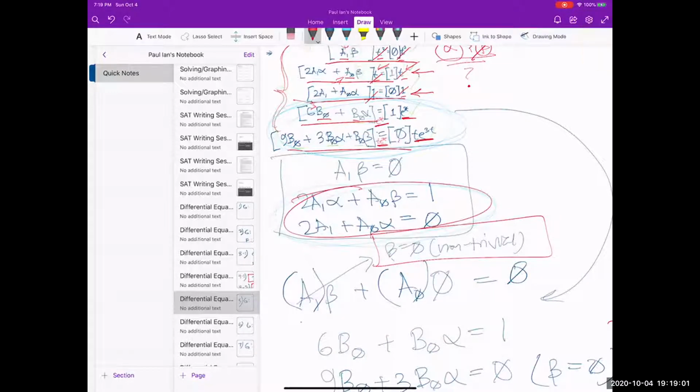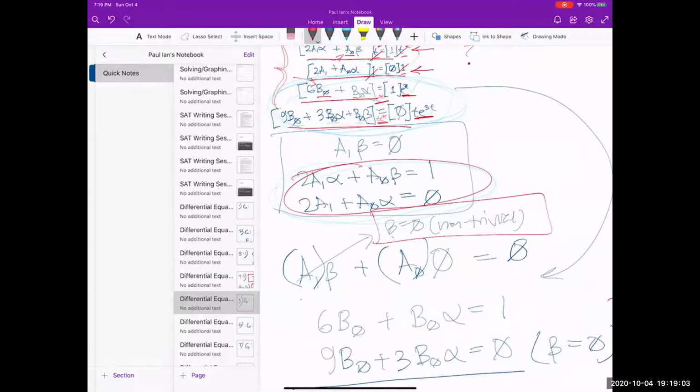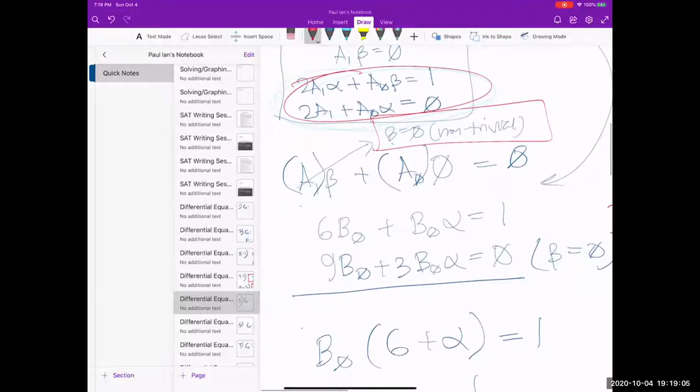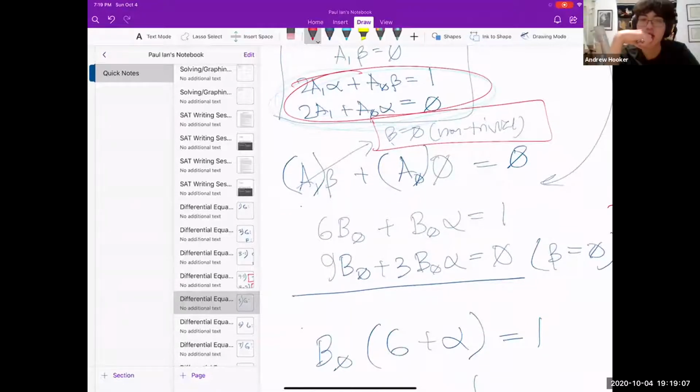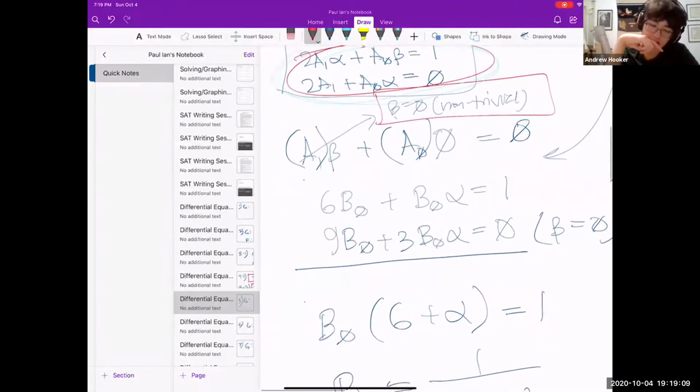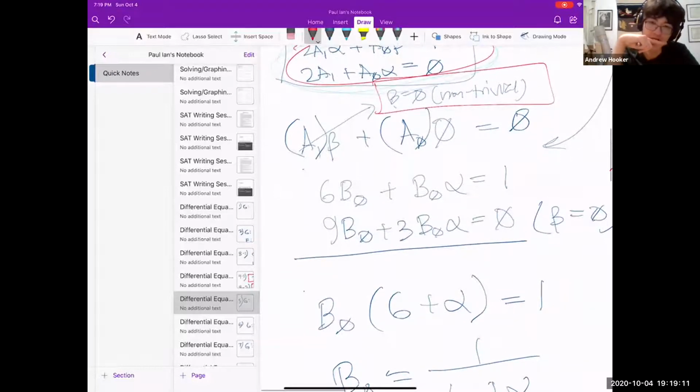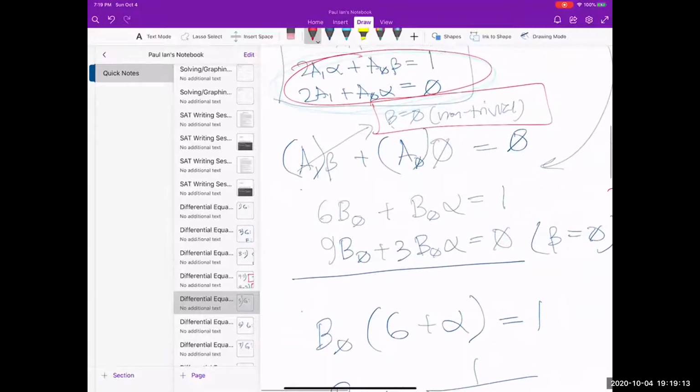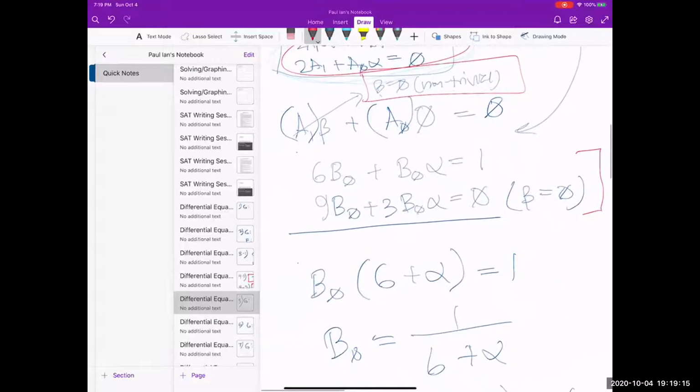Because we want to solve for alpha, right? Yeah, because we determined beta had to be 0. Then you have to find a logical way of solving for alpha. So I got these two equations, and then I just substitute beta in there. So beta is gone now.